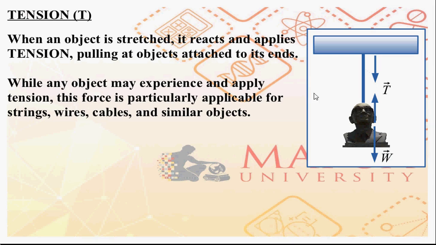At its ends, it will pull with tension T. At this end, it will pull on the ceiling downwards with tension T. And at the other end, where the object is tied and suspended, it will pull upward with tension T. The orientation of the tension force is always parallel with the orientation of the string, rope, or wire, and so on.